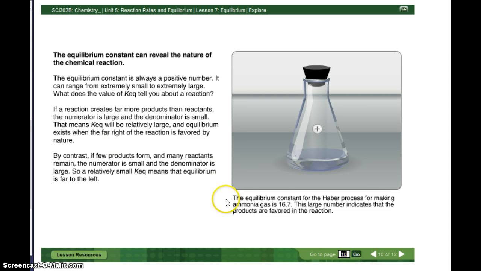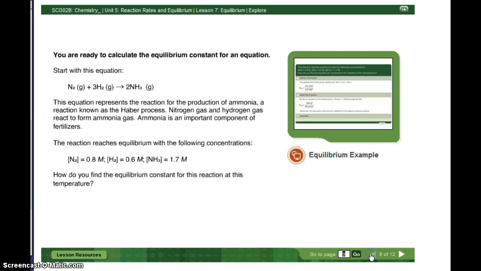Okay, so the one we just did, the equilibrium constant for the Haber process for making ammonia gas, is 16.7. This is a large number, and it indicates that the products are favored. So in other words, there's going to be more of the NH3 than there's going to be of the N2 or the H2.